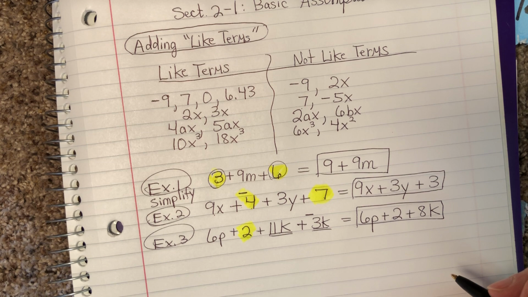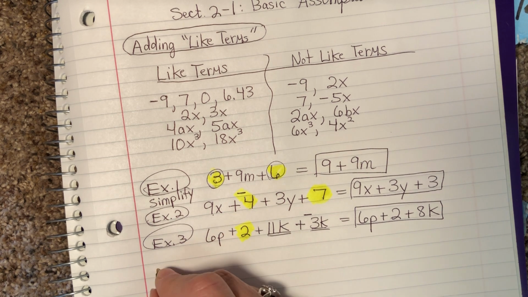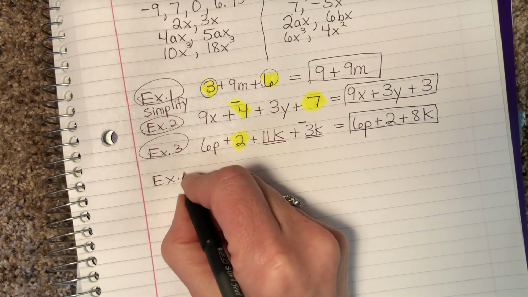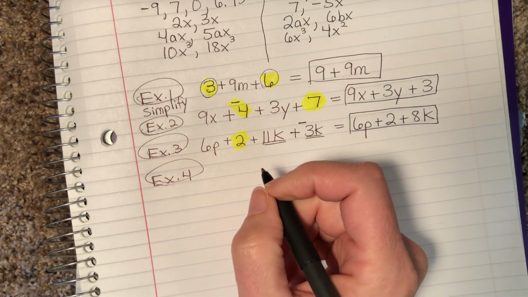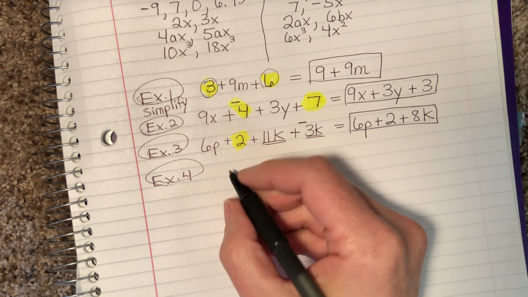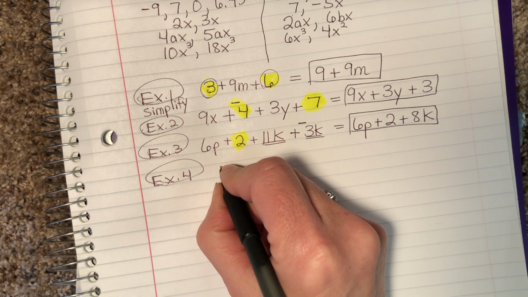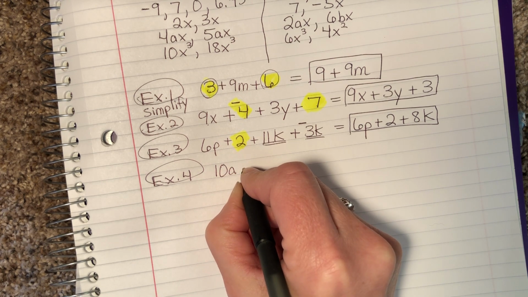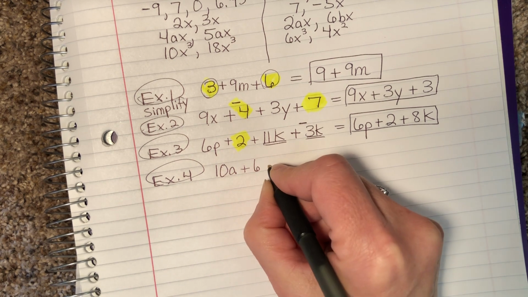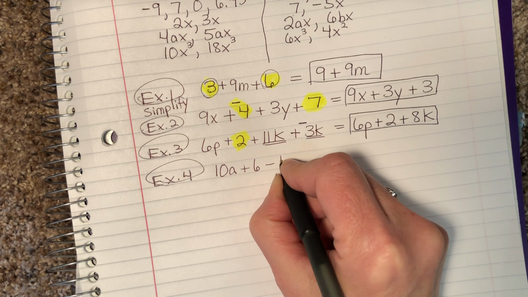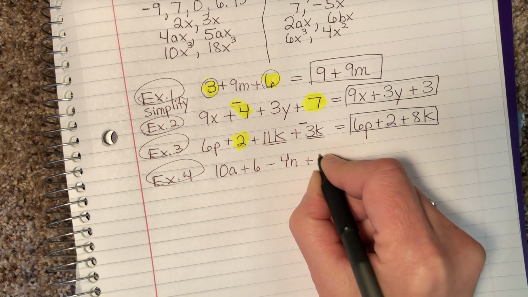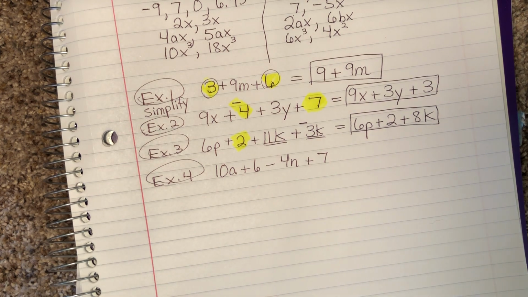Okay, I think maybe one more. Oops, I'm almost off. Example 4. How about 10a plus 6 minus 4n plus 7. Okay, simplifying this, looking for like terms.